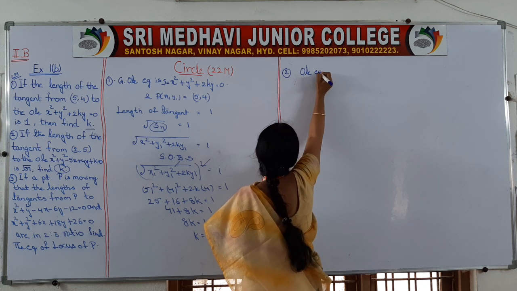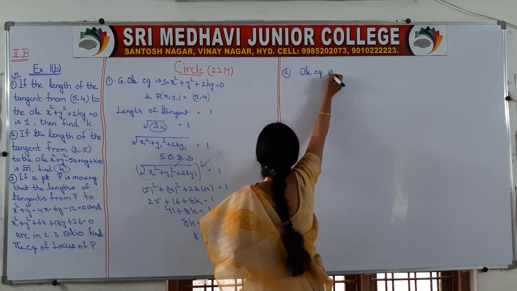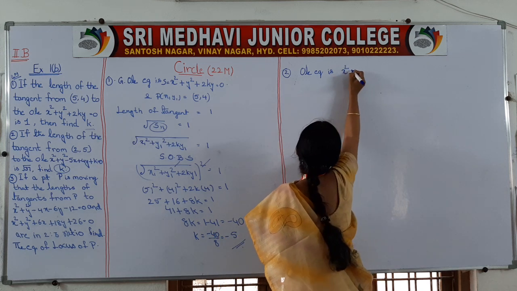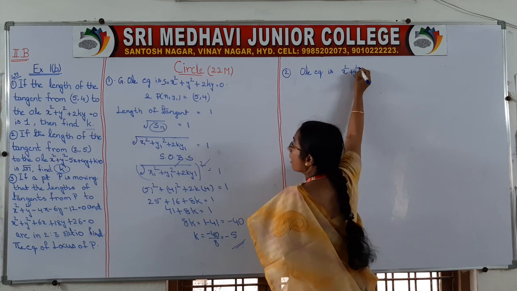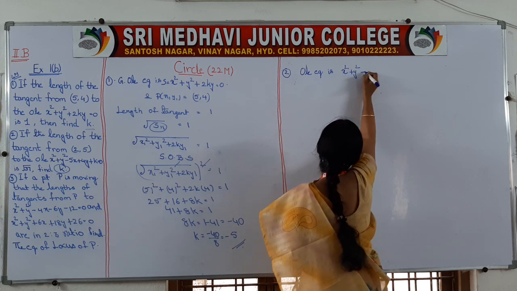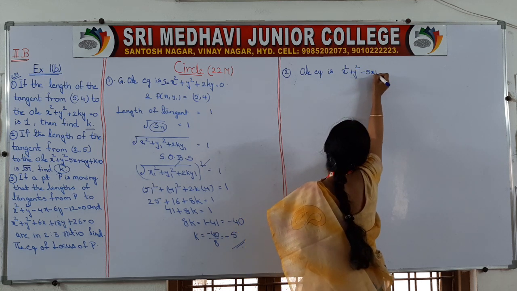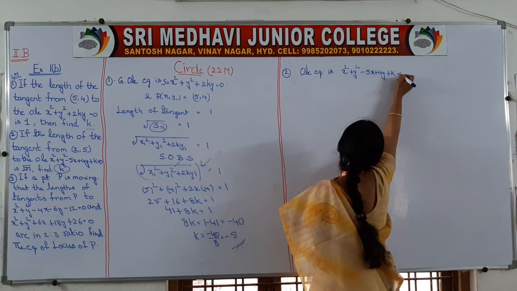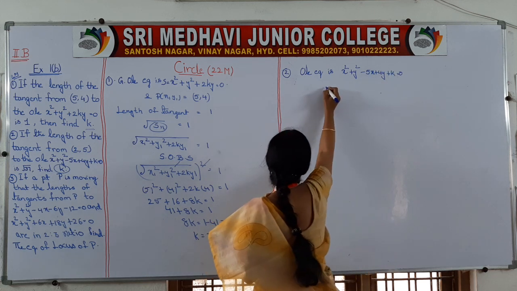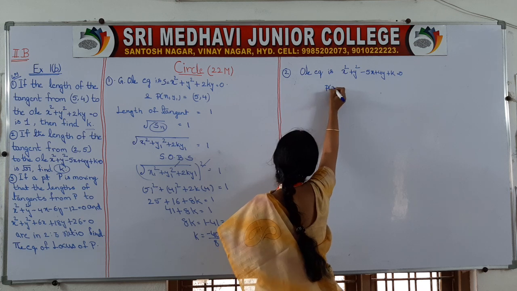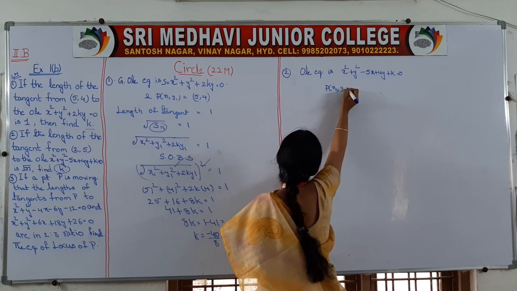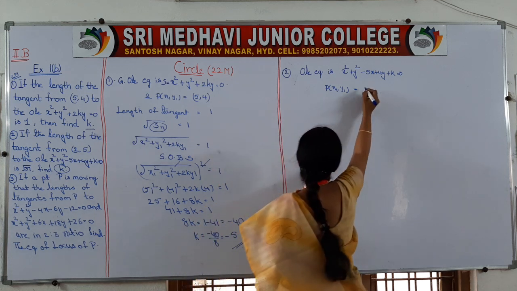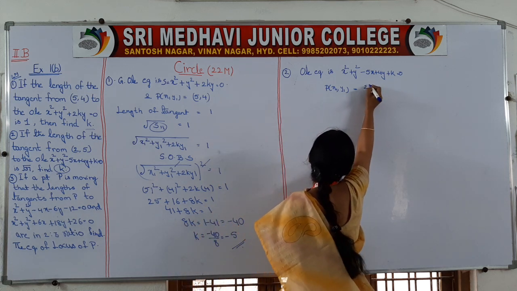The circle equation is x square plus y square minus 5x plus 4y plus k is equal to 0, and the point P(x1, y1) is given to us as (2, 5).